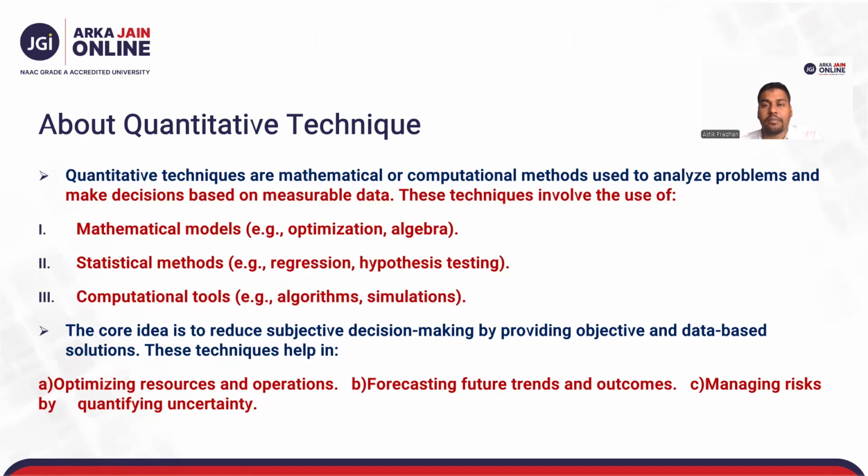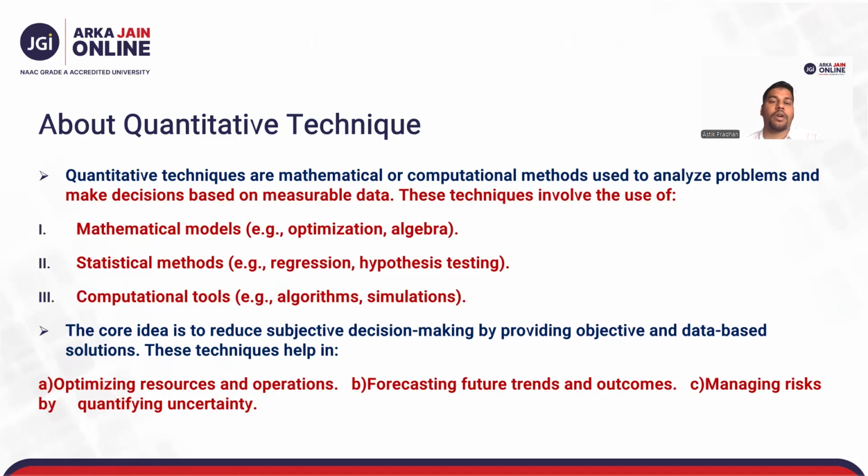Now, what are the models that are there actually? Quantitative techniques are the mathematical and computational methods used to analyze problems and make decisions based on measurable data. These techniques involve the use of mathematical models, for optimization, and the base models can be based on algebra as well.